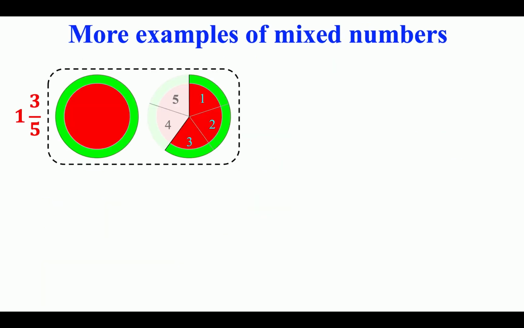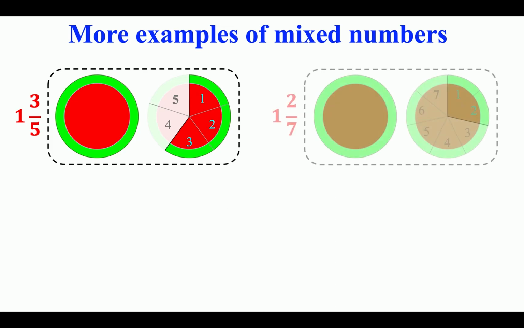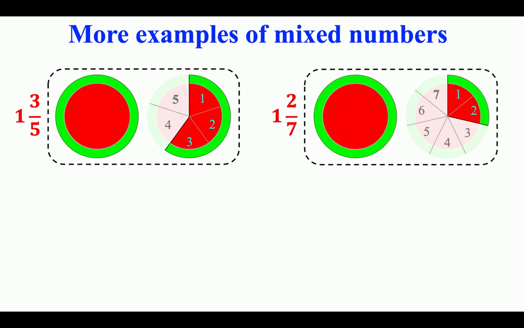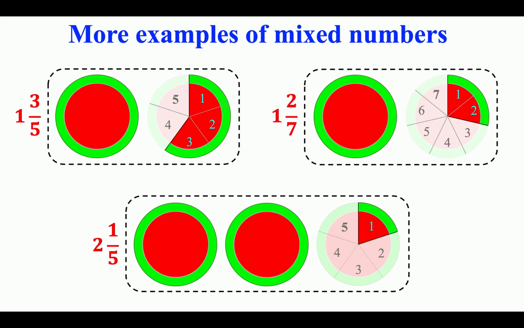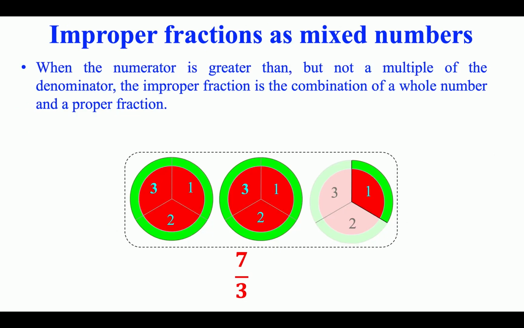More examples of mixed numbers. 1 and 3/5. 1 and 2/7. 2 and 1/5. Improper fractions as mixed numbers.